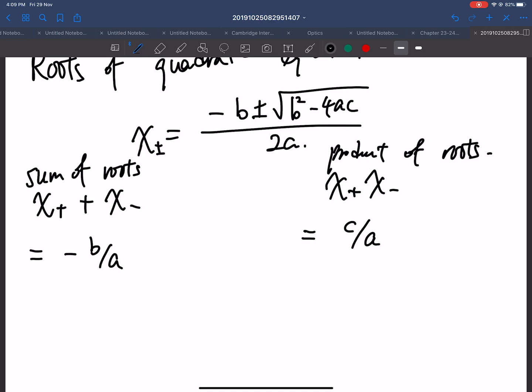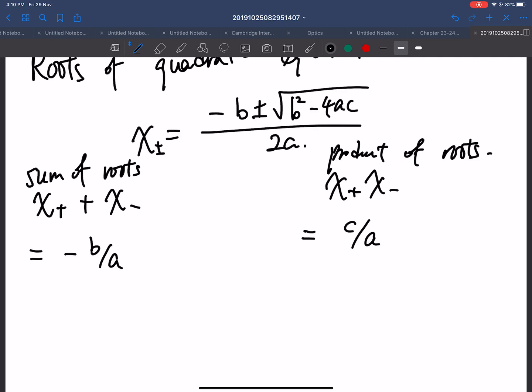And minus 2b over 4a. Then what do you get? Oh, a, sorry. 2a, is it? 1 plus 2 plus 3 plus 2.